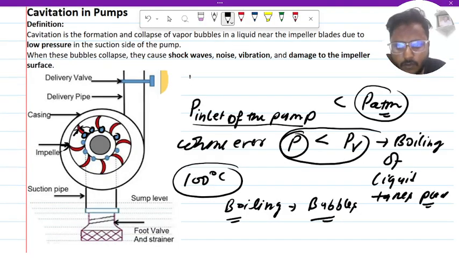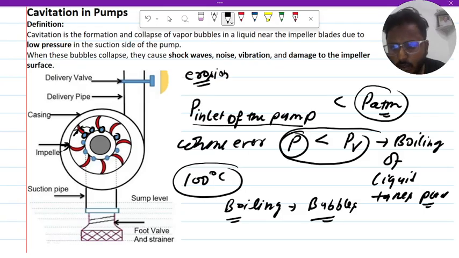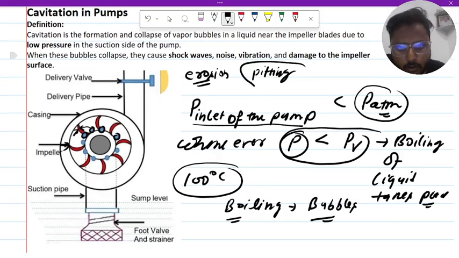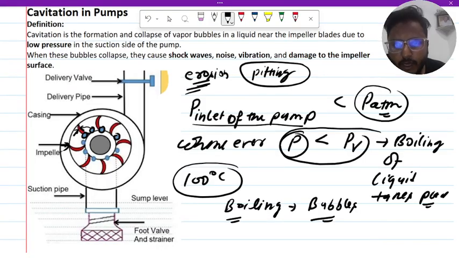What is corrosion? Corrosion means removal of material due to chemical reaction. But erosion is the removal of material because of mechanical action, means force, pitting. So this causes cavitation inside the centrifugal pump.